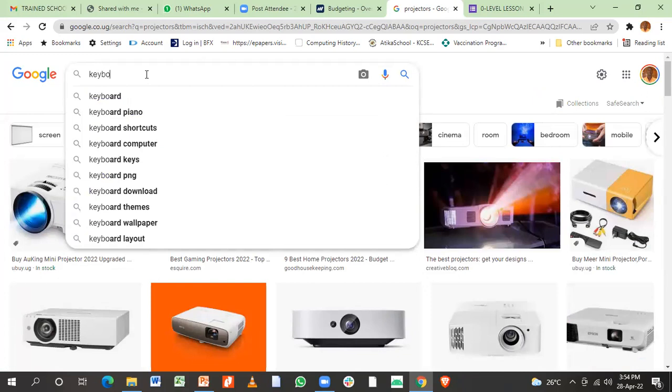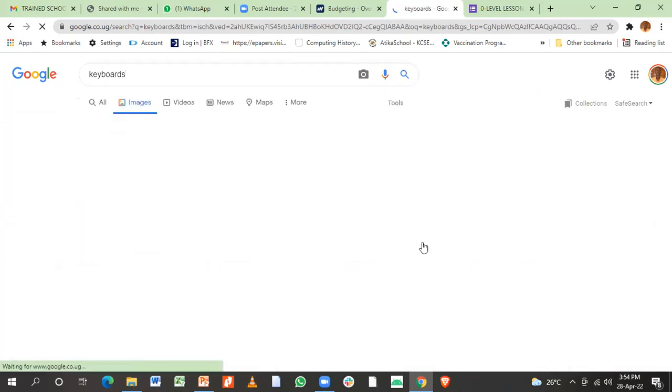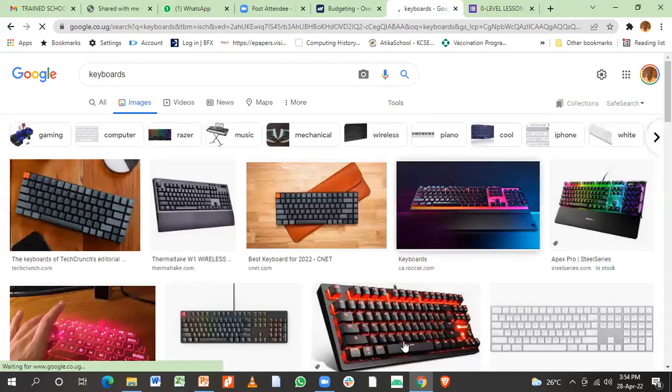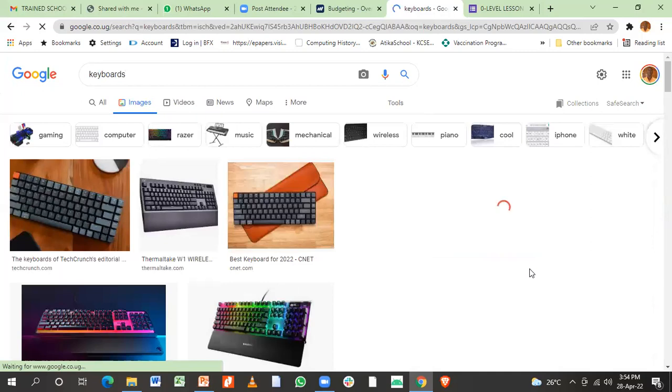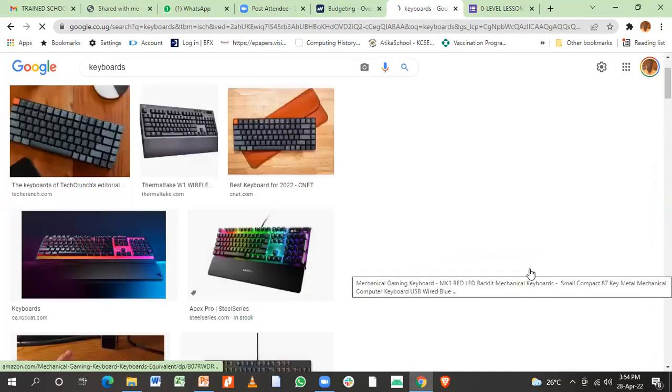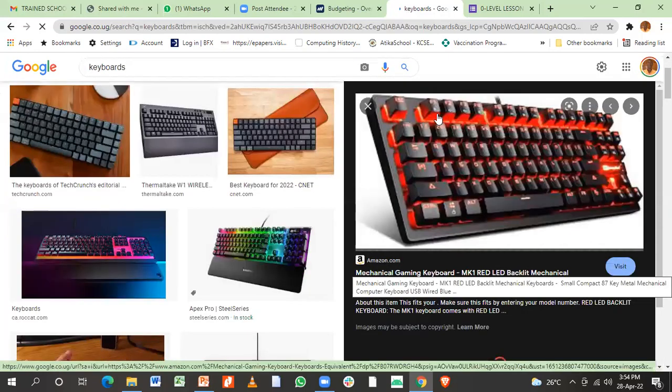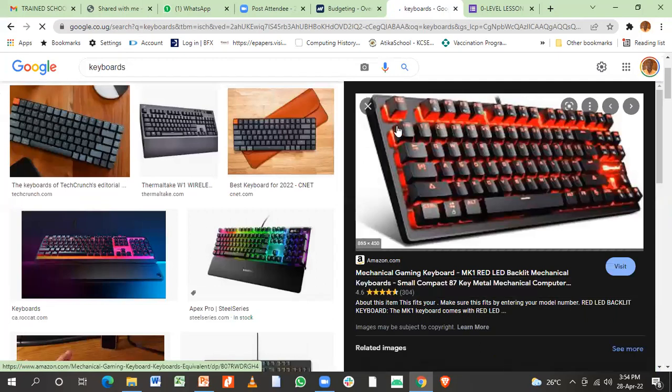But one thing that you must know for each of these devices is how they are used. For example, if you pick a keyboard, you must be able to describe what this part is called, what this part is called. So you must be able to give the different divisions of the keyboard.